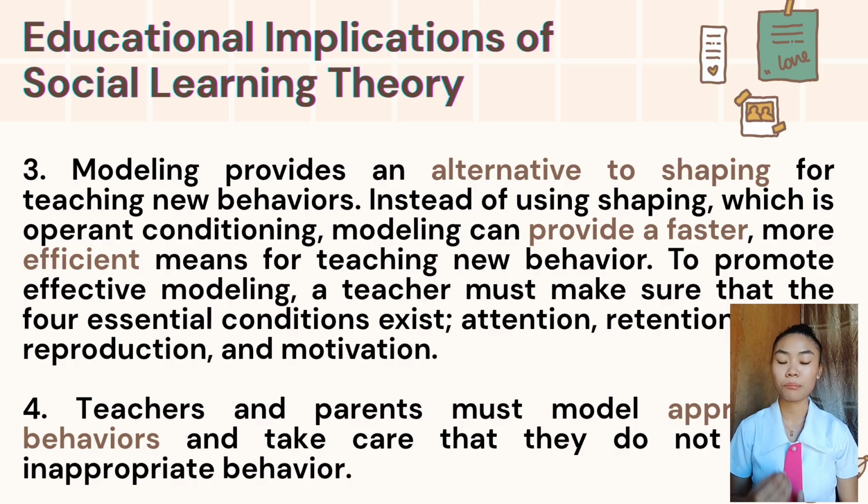So, modeling is the most effective and efficient for children to learn through their observation, through their own learning. So, to promote effective modeling, the teacher must implement the four essential conditions which are the attention, retention, motor reproduction, and motivation.